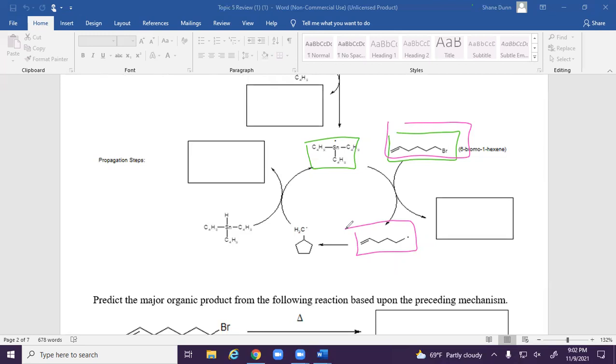How did the pink box become the pink box? The leaving group left, right? But did it leave in heterolytic or homo? Homo, because we still have a radical. If you have a radical, you almost always have a radical. It's really hard to get rid of a radical.